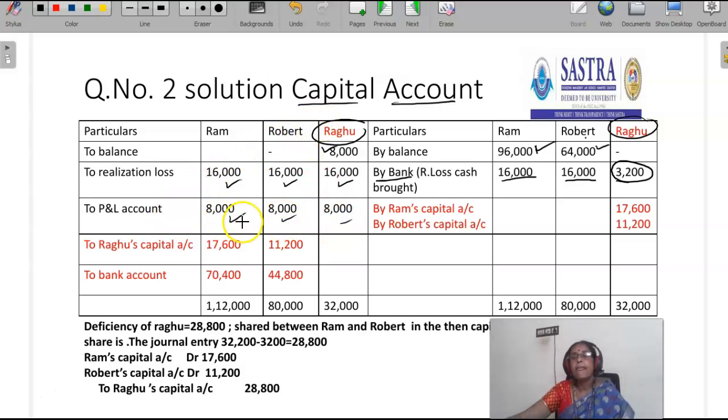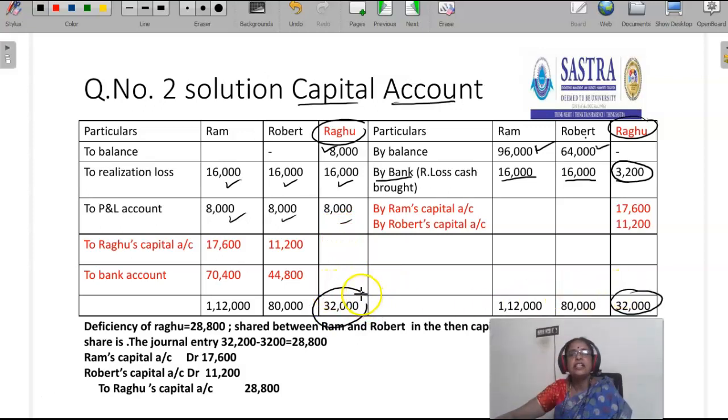Because it stands under the asset side, 24,000 should be debited to all the partners' capital accounts in their profit sharing ratio 1:1:1. So 8,000, 8,000, 8,000. Then we have to find out the deficiency of the insolvent partner.